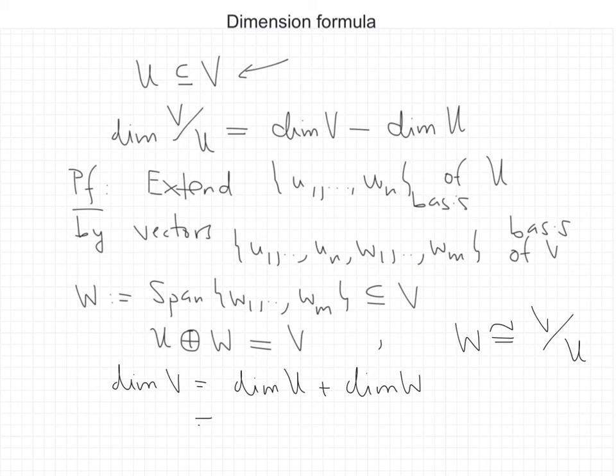So you see, this is equal to the dimension of U plus the dimension of V by U. And this proves our formula. Just subtract the dimension of U on both sides of this formula.